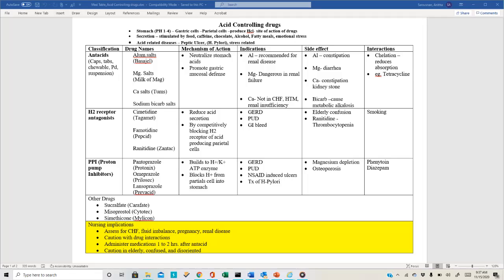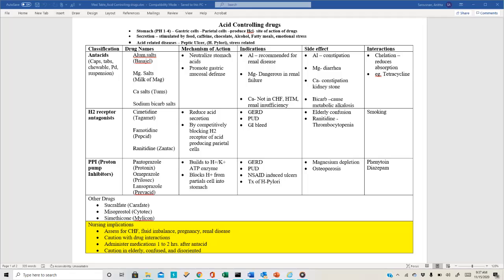Of course, you don't want people to smoke when they're already having acid reflux and peptic ulcer, so smoking cessation becomes really important. The next group of drugs is the proton pump inhibitors. So these also block the hydrochloric acid secretion, but in a different way. So the name gives it away.